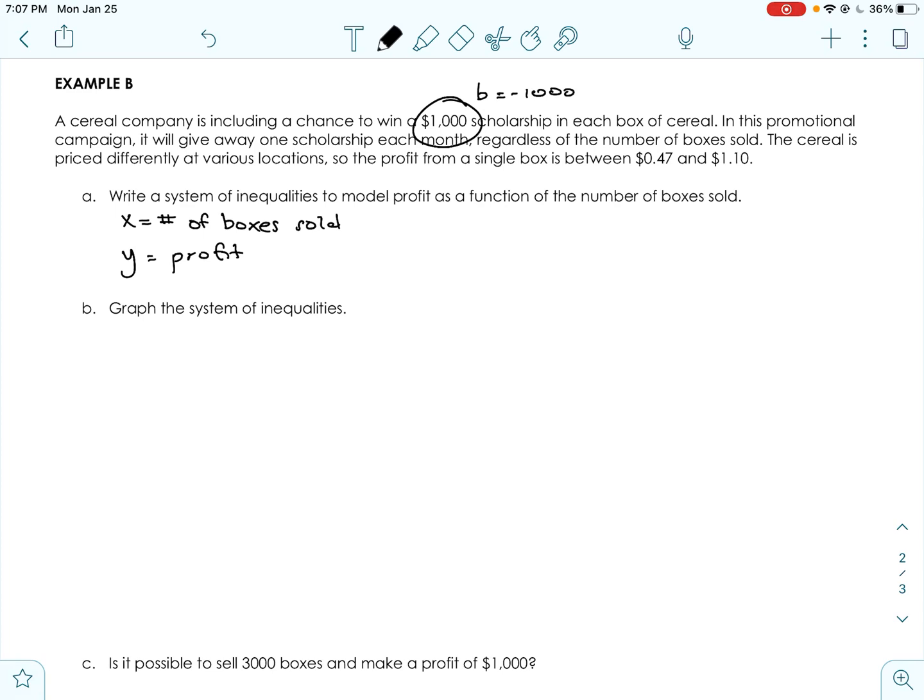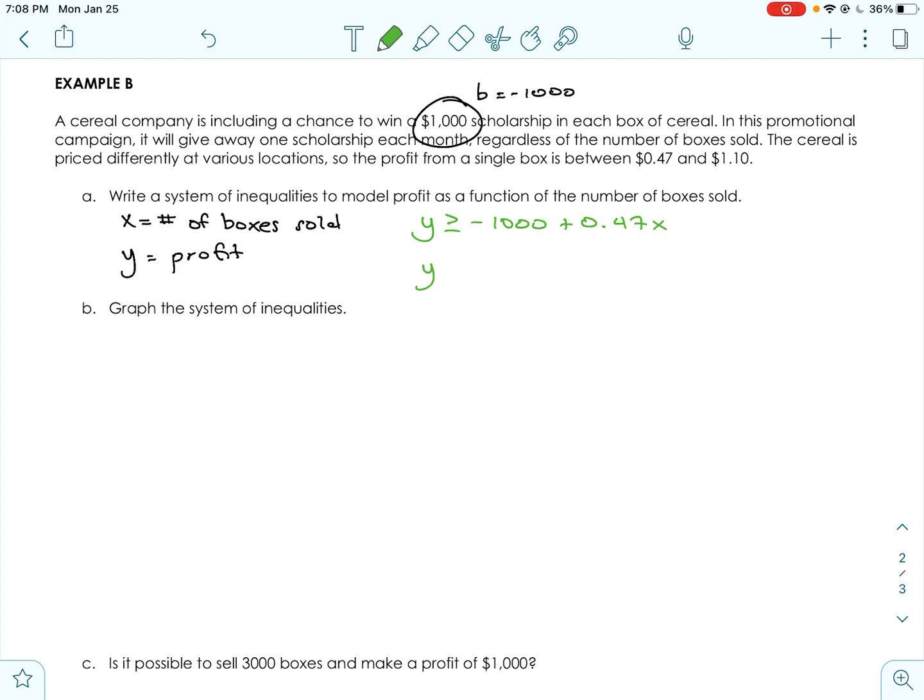The first inequality in this system is y is greater than or equal to negative 1,000 plus 0.47 times x. It's greater than or equal to because 0.47 is the minimum amount that they're going to make.